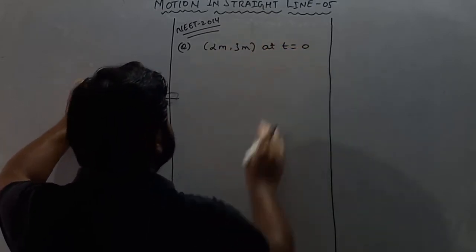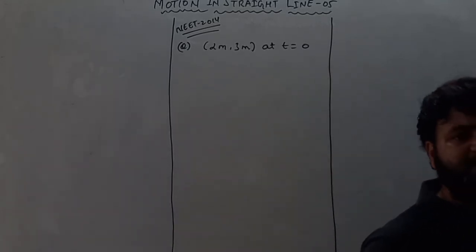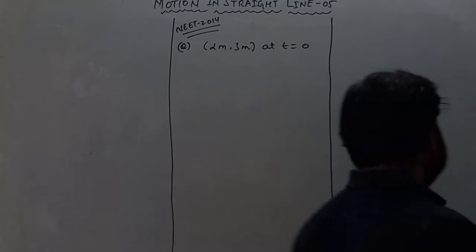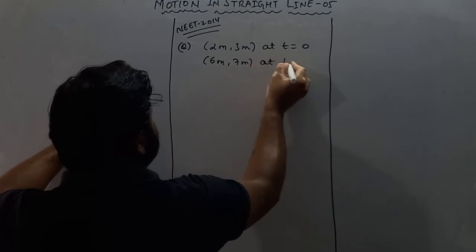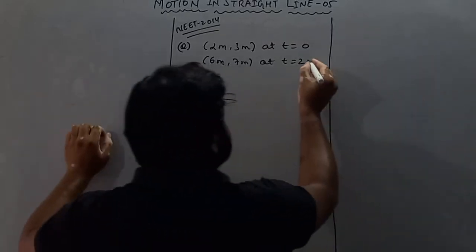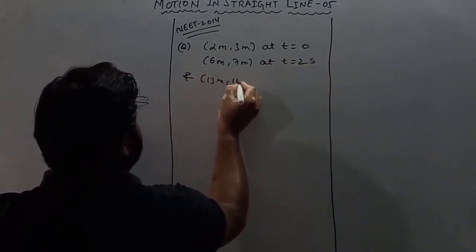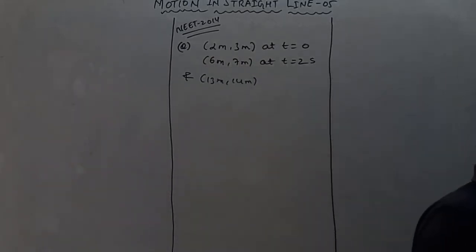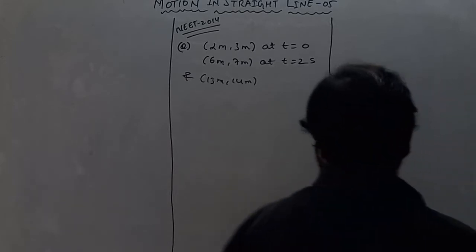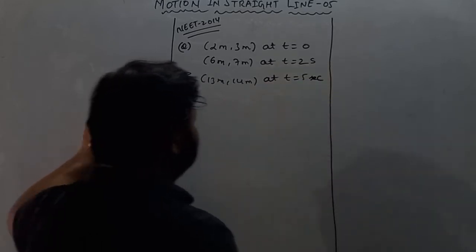at t equals 0, 6 meter comma 7 meter at t equals 2 second, and 13 meter comma 14 meter at t equals 5 second.